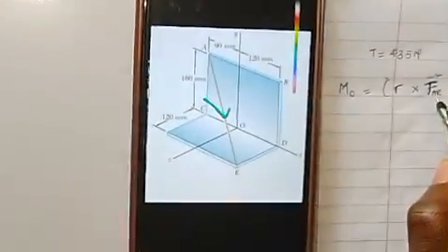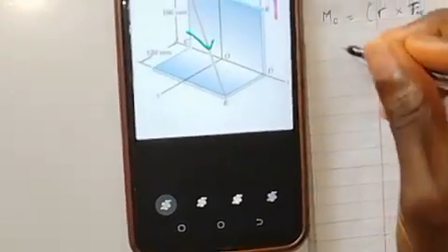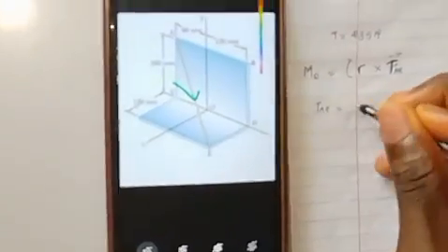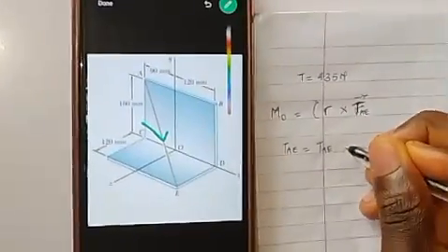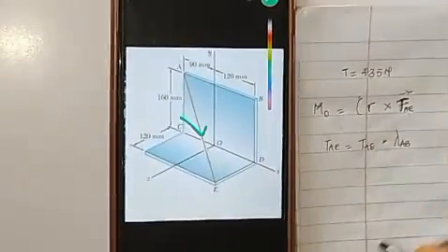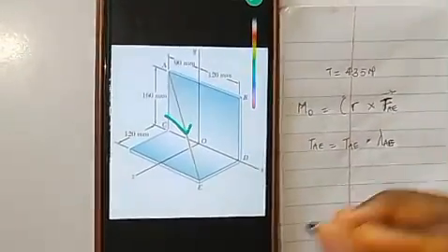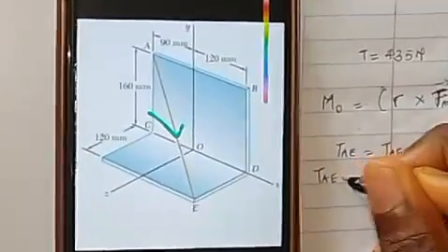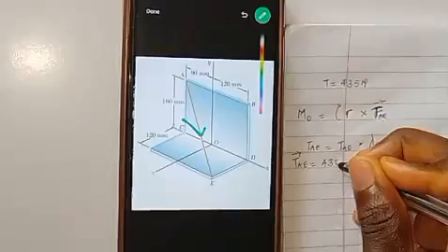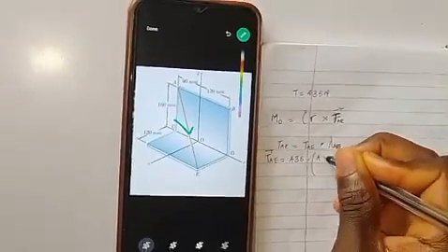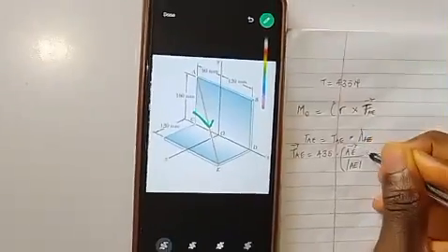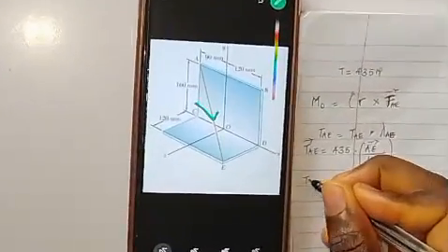So we say T_AE equals T_AE, the magnitude of the tension, dot the unit vector of the position AE. That means T_AE equals 435 dot open bracket AE over magnitude of AE. This is a position vector.